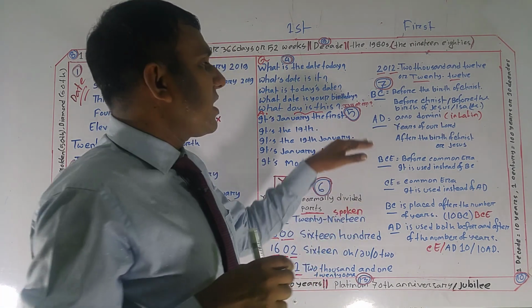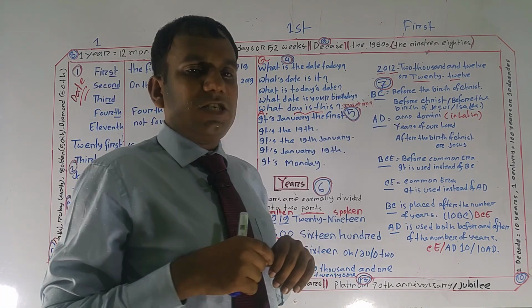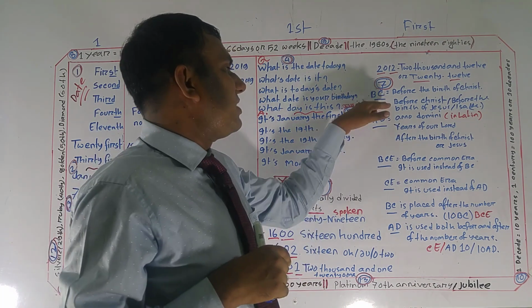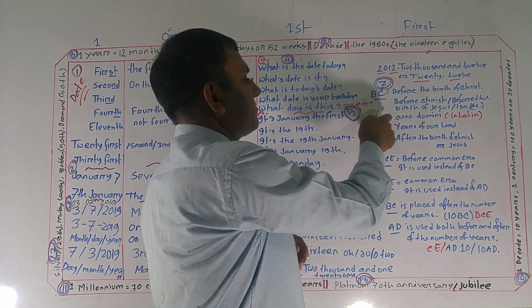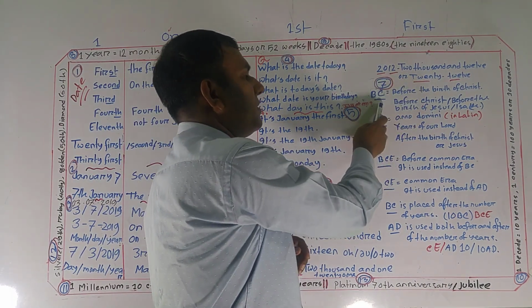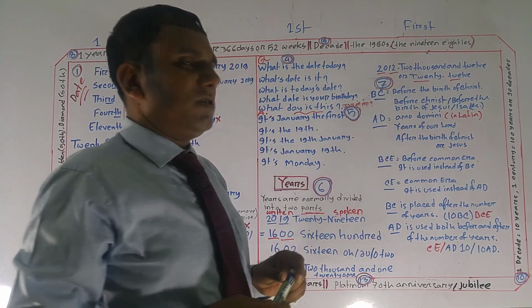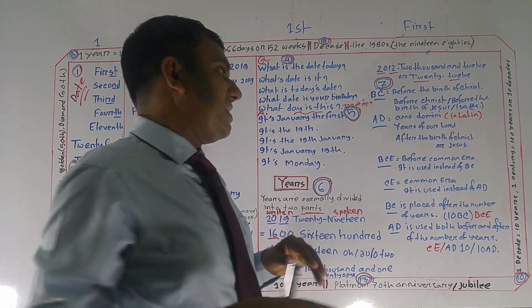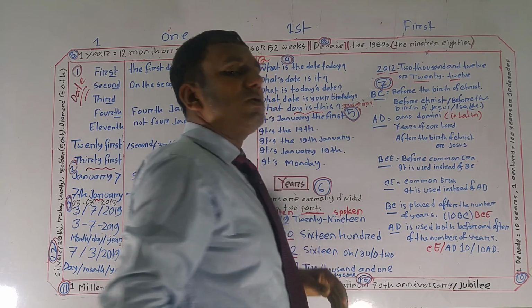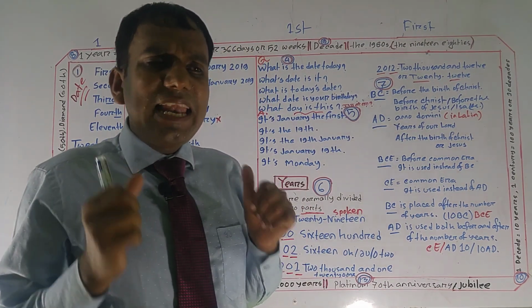In this way, the Christian institutions who have written the dates use the words before and after. Before the Christ, BC, and after the Christ, AD. After the Christ they also say Anno Domini, a Latin word.